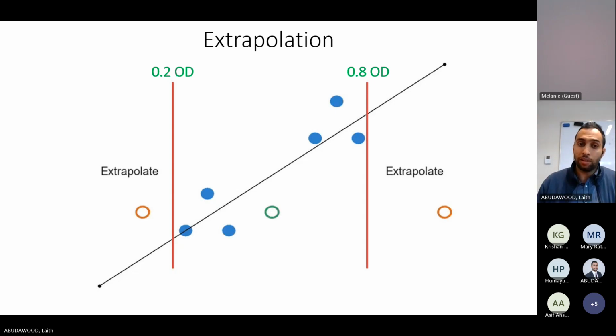So if the analyzer obtains these values, let's say 0.1 optical density, it simply thinks, okay, you did not give me a curve that covers this range, so I cannot do anything with it. In this case, it will give you an error. I'll explain the details later on, but just to give you the concept.